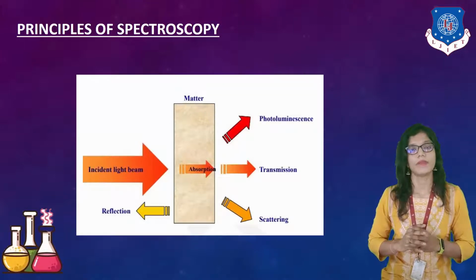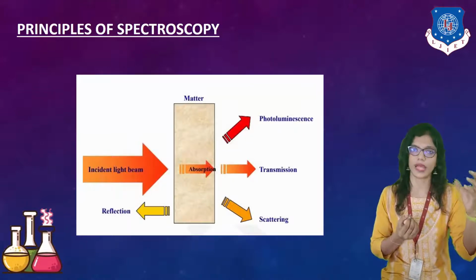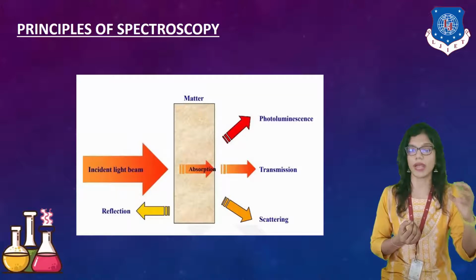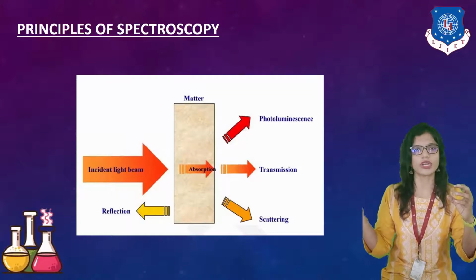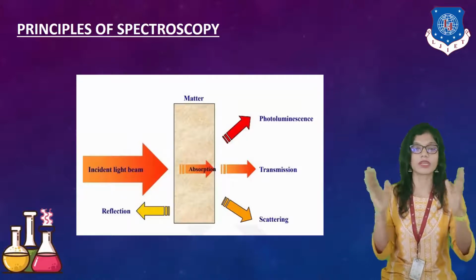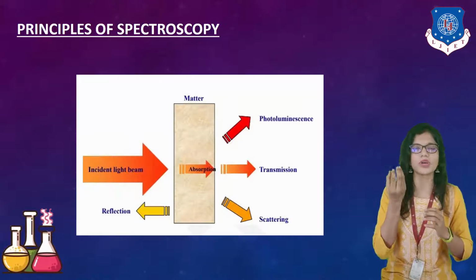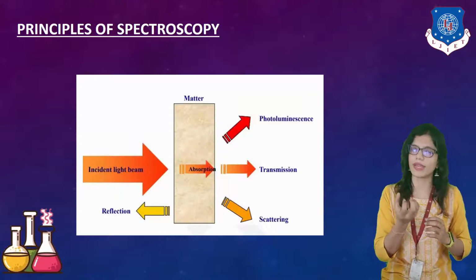For example, absorption: whichever amount of light we have incident on the matter, and whatever amount of light we got after the analysis is done, the difference gives us that this much amount of radiation is being absorbed by our matter. Why does it work this way?